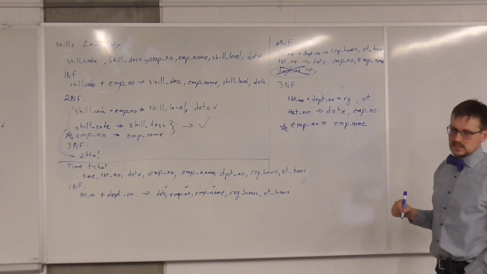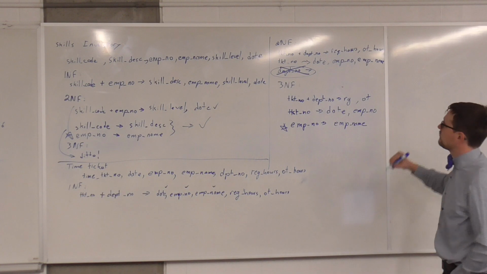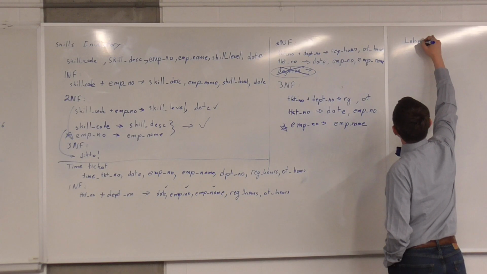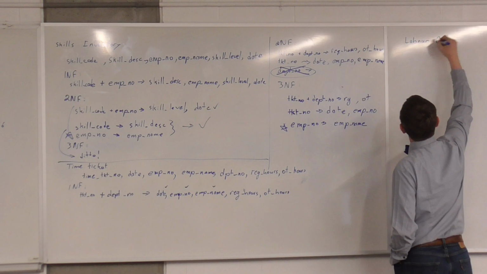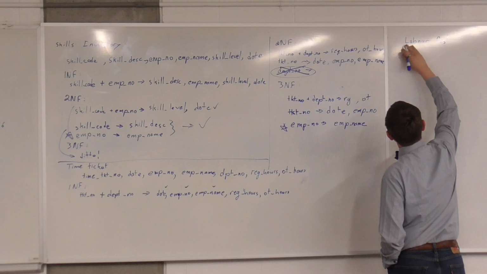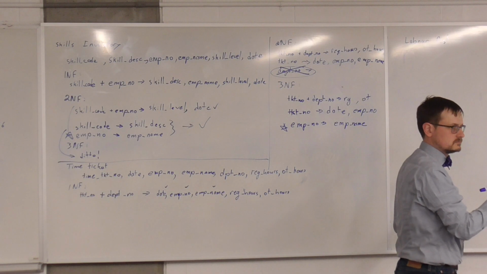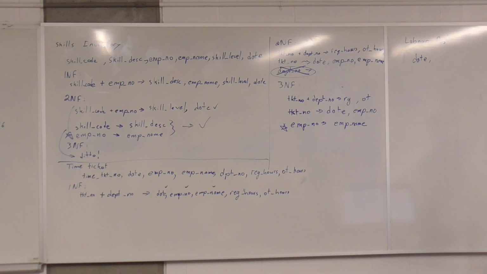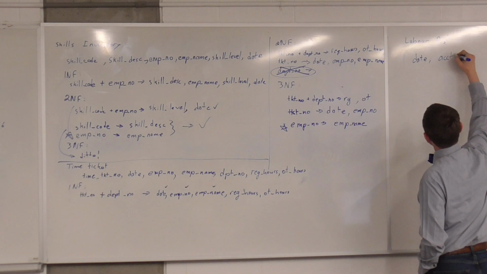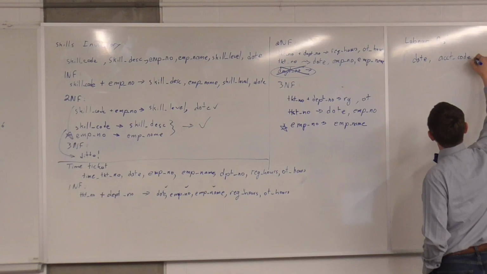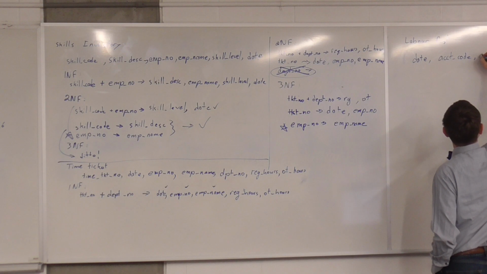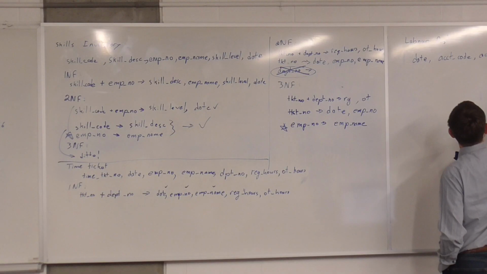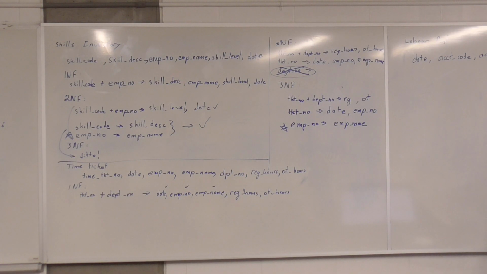So, this one is the labor distribution report. So, what are our entities? Date. Once again, like page, we'll leave page off. What else do we have? I believe that's account code. Next. Account name. Department number. Department number, yeah.